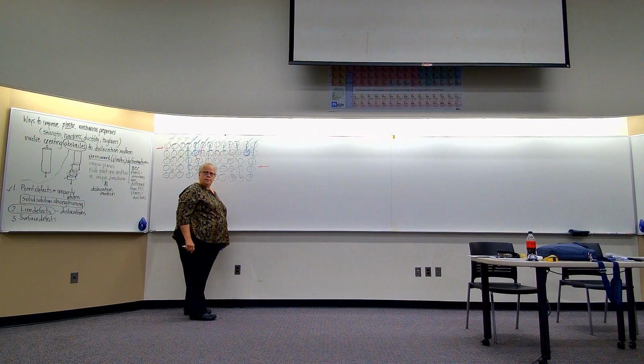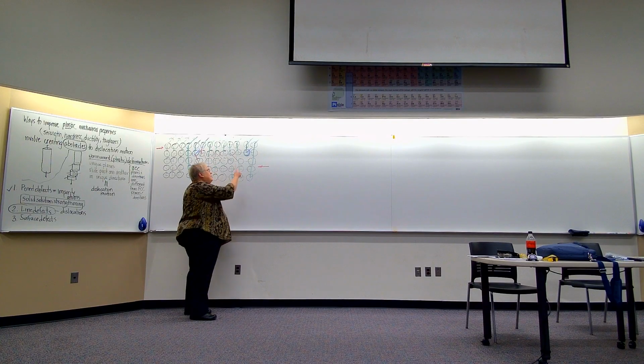See that? This dislocation is an obstacle for that to move forward. Okay? So that's how dislocations are obstacles to one another. And once that happens, there's no more deformation unless the stress goes up.